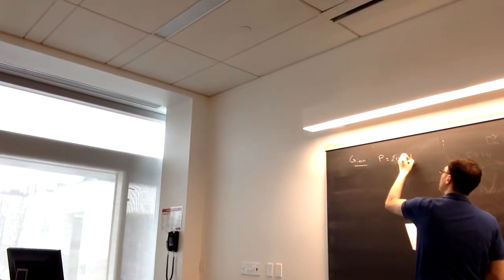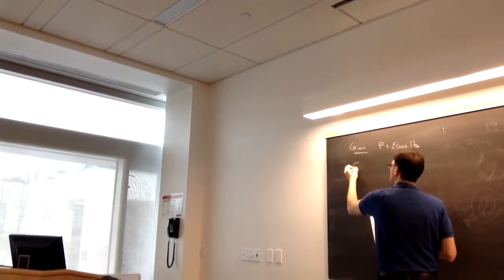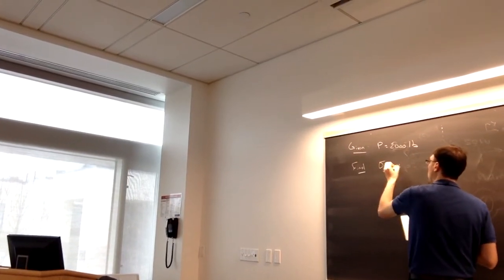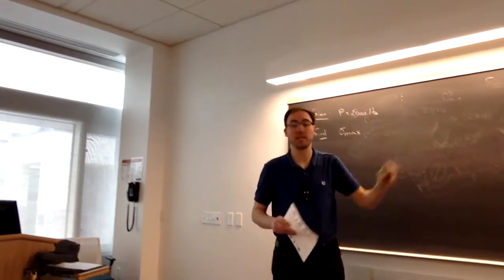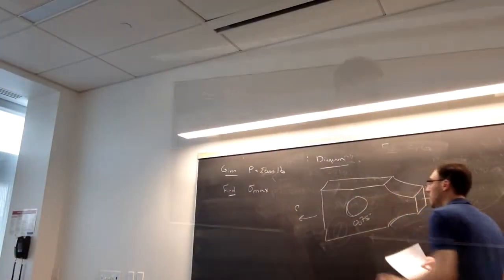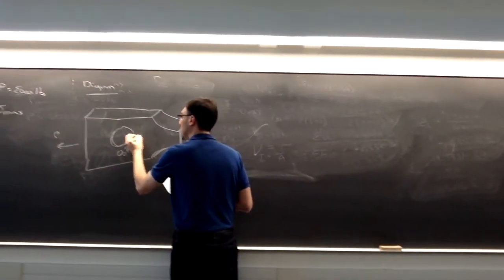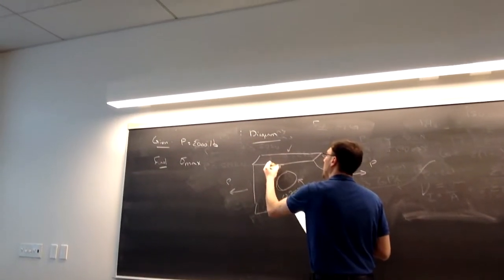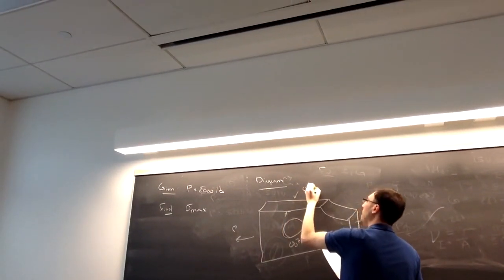Again, 2,000 pounds. And we want the maximum normal stress across the entire plate. Our hole's diameter, 0.75 inches. We have a thickness of 0.125 inches.